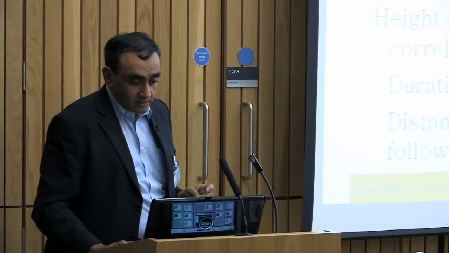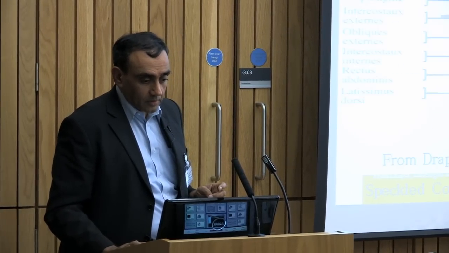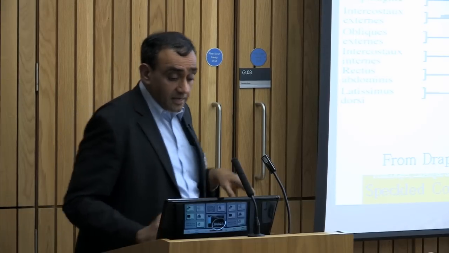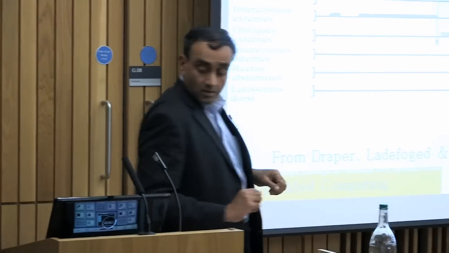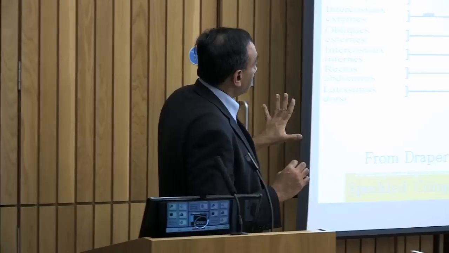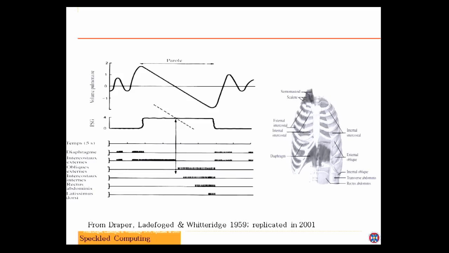Now, I was going to flip through this in the interest of time. That's been studied in Edinburgh in the 1950s by Peter Ladefoged and his colleagues. This is a classic paper from 1959, which was replicated in 2001, and was done using electromyograms.